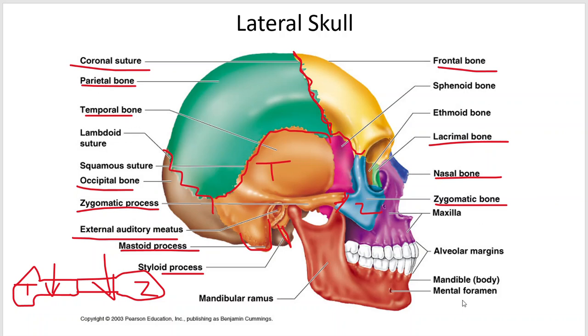And there's the body, the mandible, there's the mental foramen. We might as well go ahead and talk about some of these other parts. Okay, this guy where he turns right here is called the angle of the mandible. That's on your list, guys. This main part of your lower jaw here is called the body of the mandible.